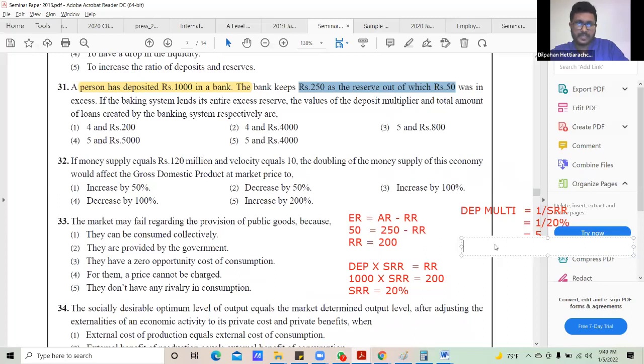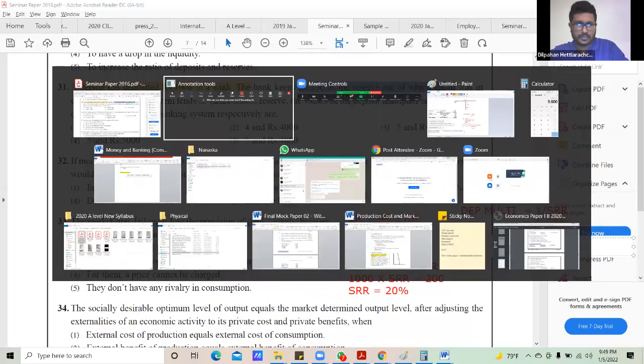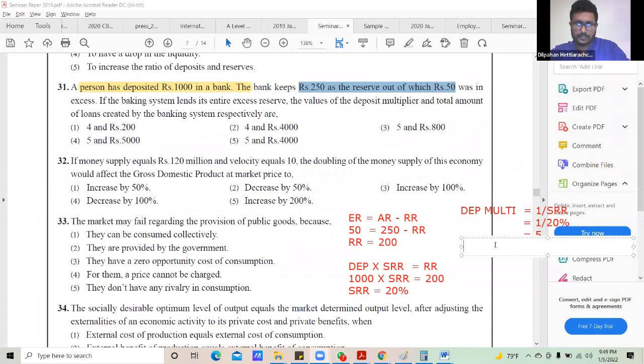Right. So maximum credit creation, how much? Maximum credit equals excess reserves into deposit multiplier. Excess reserves into deposit multiplier is how you get your maximum credit.